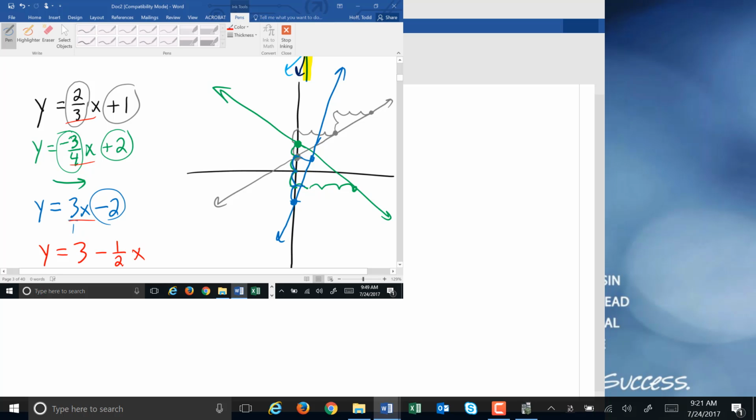Down here it's at the end. Doesn't matter. It's the number that's multiplying the x that is the slope. It's the other number that is our y-intercept. So here we have that +3. That's where we're going to start out at. From there, then, our slope is a -1/2. So where do we go from that point?